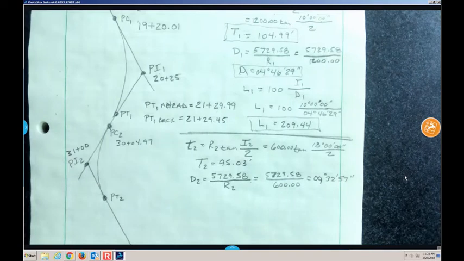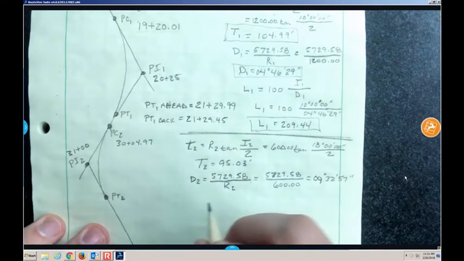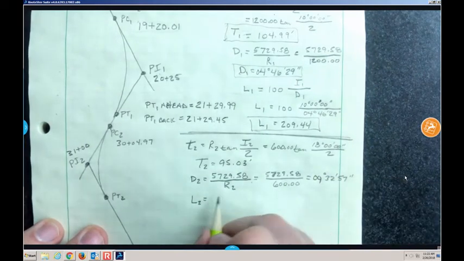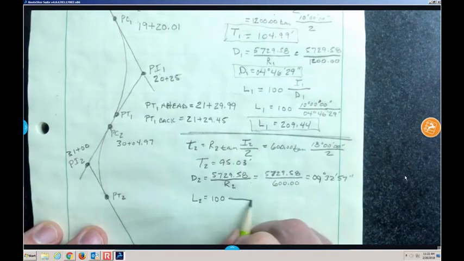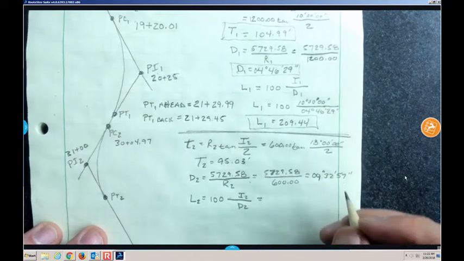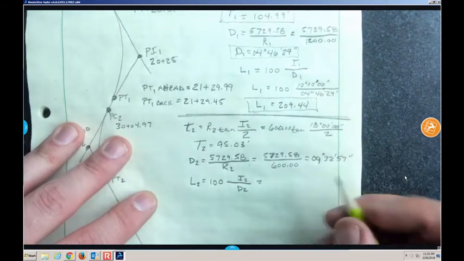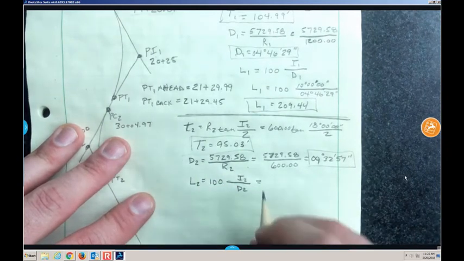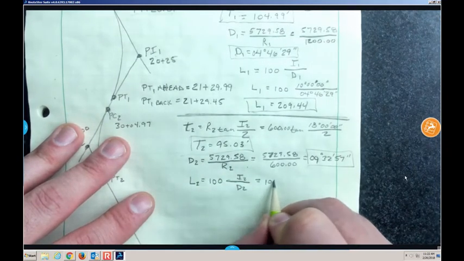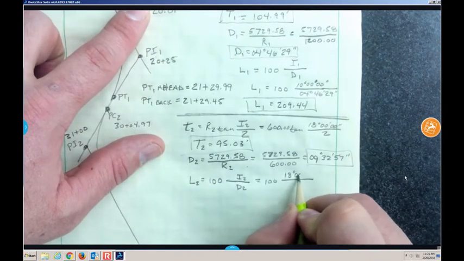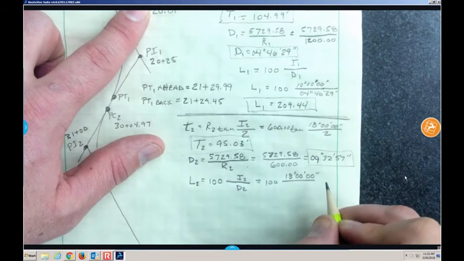Now, like Skyler said, let's find L2. L2 equals 100 times I2 over D2. So this will be 100 times I, which is 18 degrees 00 minutes 00 seconds.